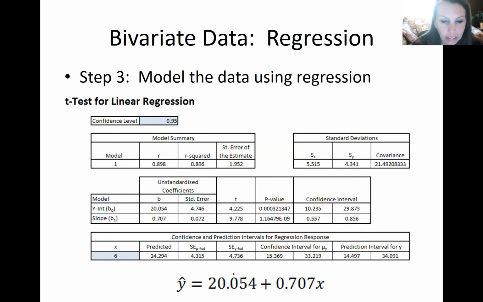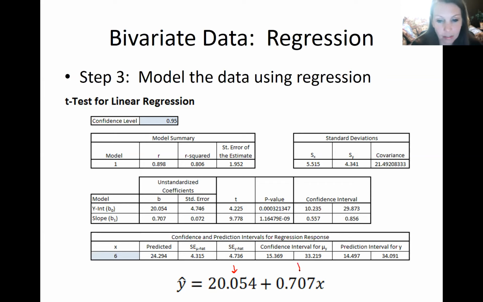So looking at the different pieces of the model, for our intercept, what this number would mean is if we knew somebody who had an arm span of 0, then we would expect their height to be 20 inches. But obviously there's no one that has an arm span of 0. So as a number, it doesn't really make sense, but as a piece of our model, it makes it work.